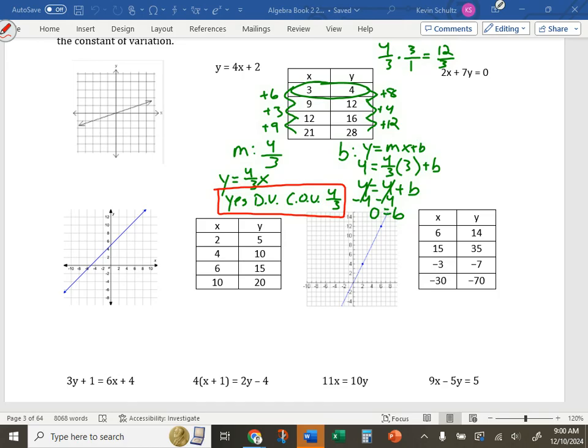The next one here, it's not in slope-intercept form, it's in standard form. So to put it in slope-intercept form, we're going to get y by itself. This is a good review of PO22. Okay? So we're going to start by subtracting 2x from both sides, which gives us 7y equals negative 2x plus 0.